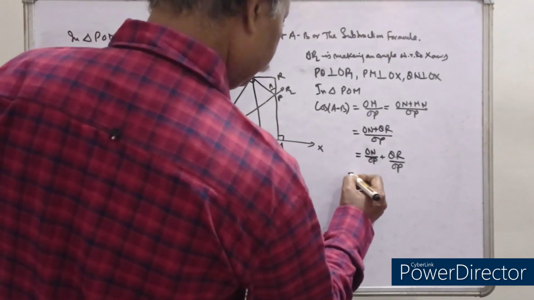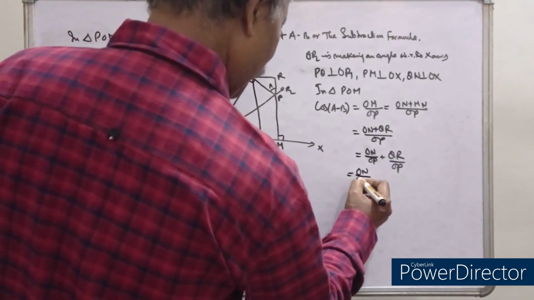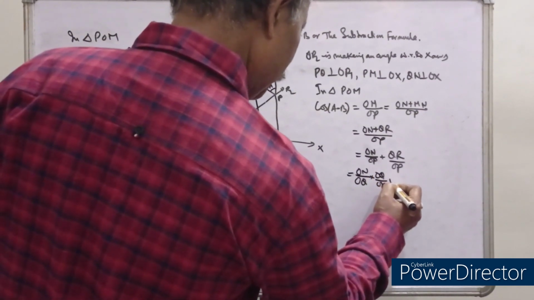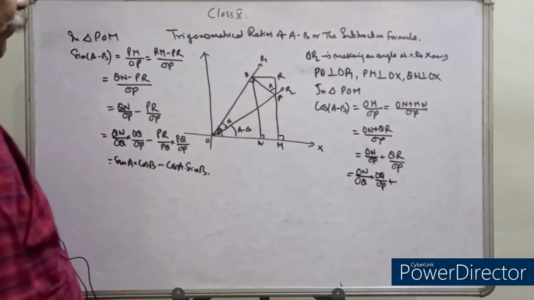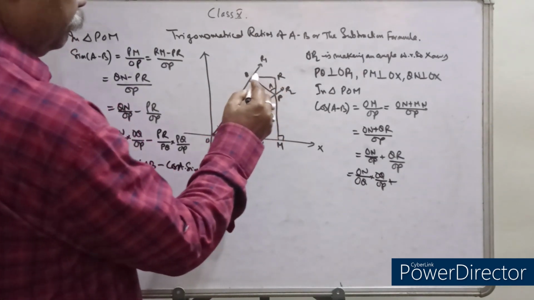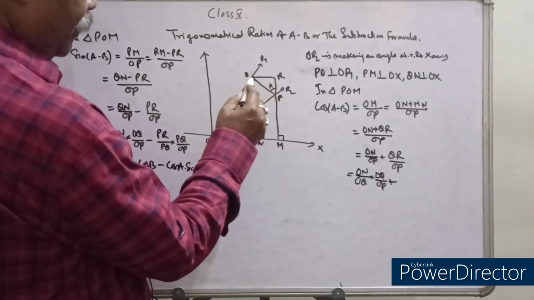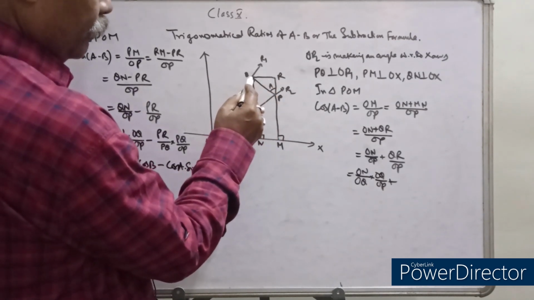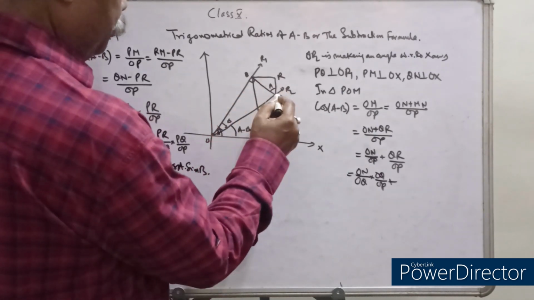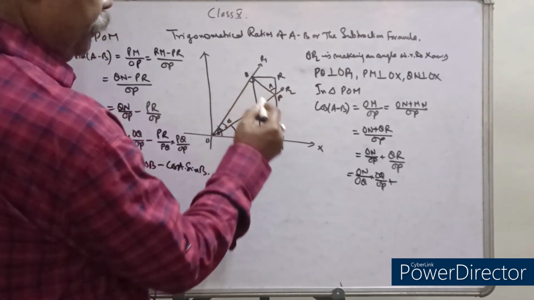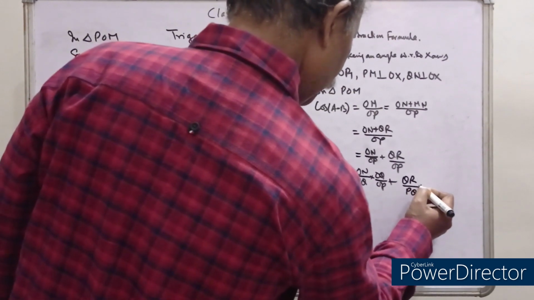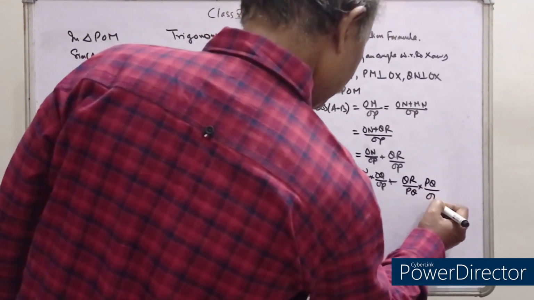So this will be ON by OQ into OQ by OP, plus QR and OP, I am going to link with PQ. So QR by PQ into PQ by OP.